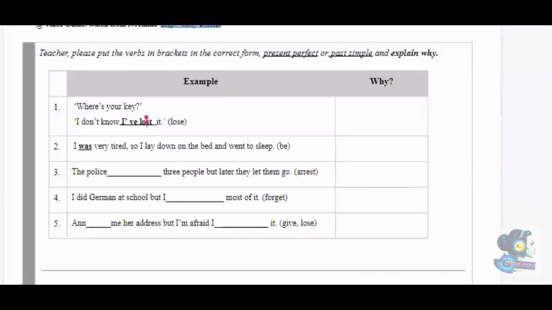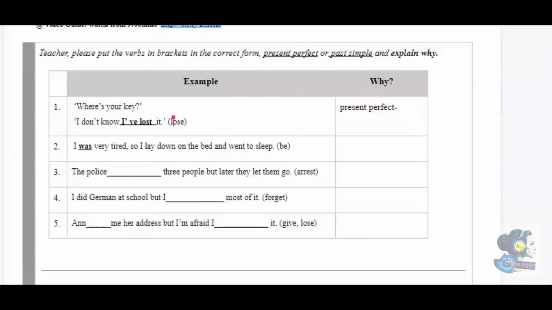So here the form of the verb is present perfect, because it is still happening. This sentence means that you've lost the key, and up to now, it is still missing. And we've used have lost for the correct form of the verb.